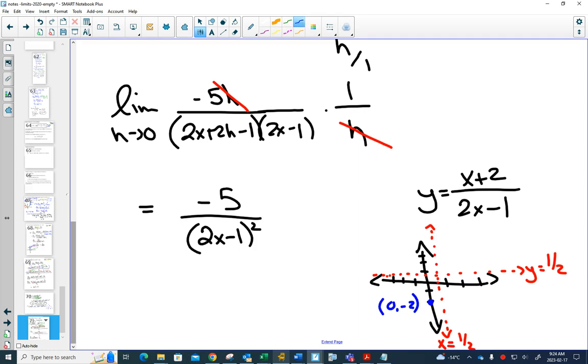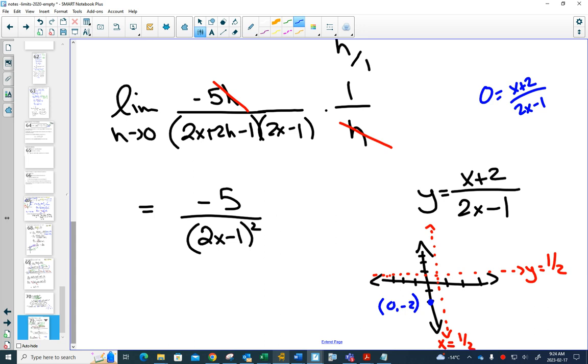And your x-intercept would be plugging in 0 for y. Plugging in 0 for y means I would have 0 equals this fraction. And anytime you have 0 equal to a fraction, the only way a fraction is equal to 0 is if your numerator is equal to 0. Technically, okay, so this is what I have.